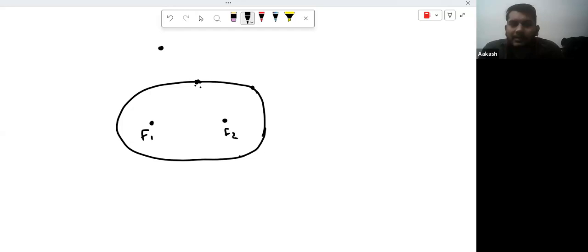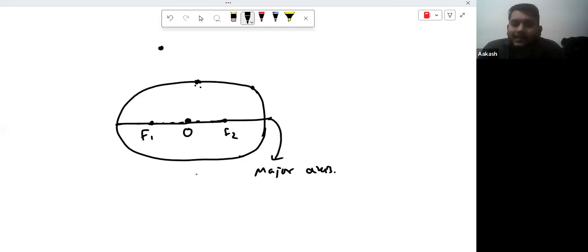Okay. So center, as we know, is the midpoint of the line segment joining f1 and f2. So this is the center. Major axis is the line segment joining f1 and f2. So if I join f1 and f2, this will be the major axis. Minor axis is the line perpendicular to the major axis and passing through the center.